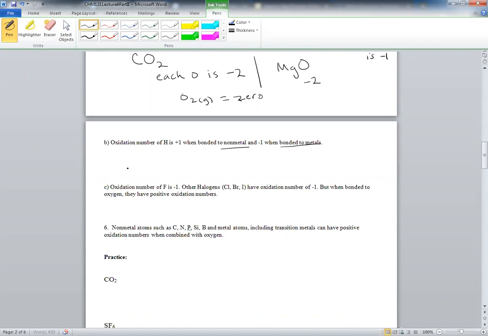Very well. So if I have something like HCl, H is going to be a +1. Let me make the +1 more explicit here. Let me use a different color. +1, because Cl is a nonmetal.